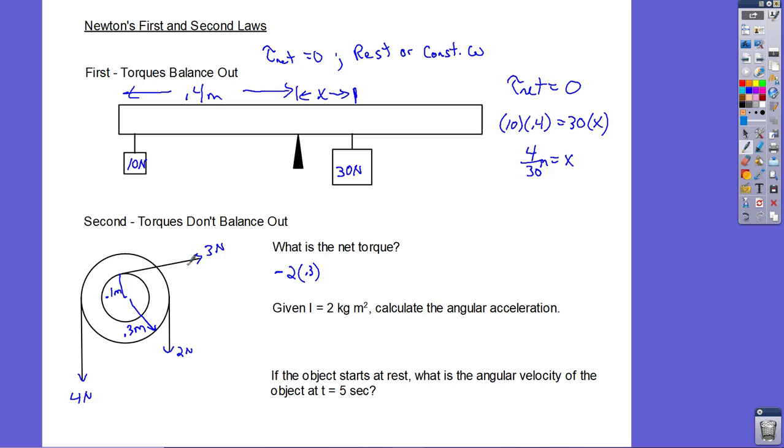For the 3 Newton force, that is also going to be a clockwise torque or a negative torque. So that's going to be minus 3 times 0.1. And the other one's going to be positive because it's going to produce a counterclockwise torque, and that's going to be 4 times 0.1. Okay.